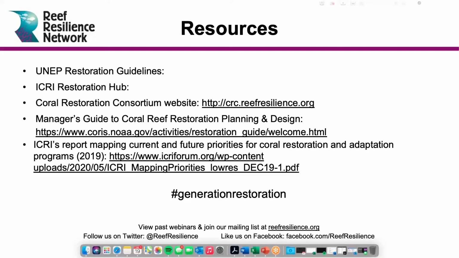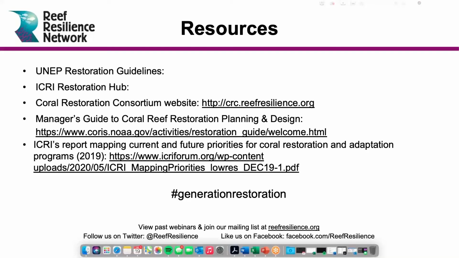Secondly, there's also some really interesting work on trying to understand where bleaching events are going to occur around the world. Climate projections, using climate data and projecting into the future, downscaling that data as much as possible to understand what might be happening at different reef sites.